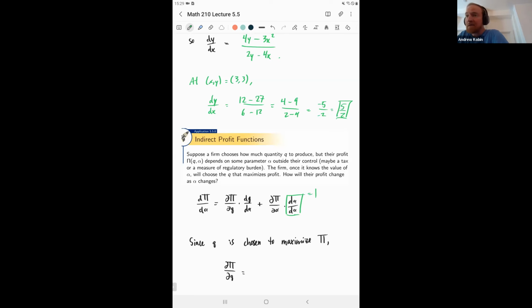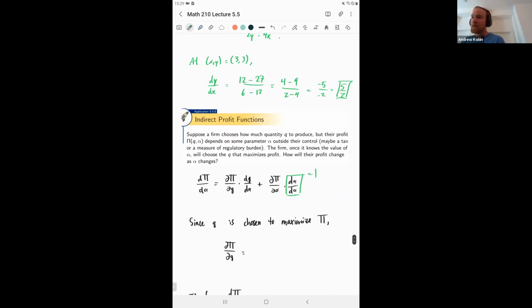And that means geometrically that the slope of the tangent line in the change in q direction, that's the partial derivative with respect to q of the profit function, would have to be 0. This is a maximum in the q direction.